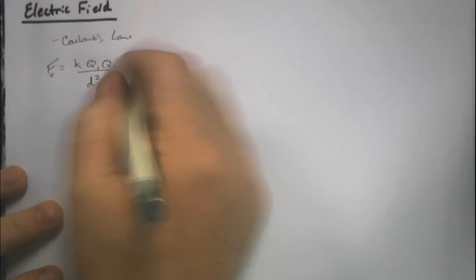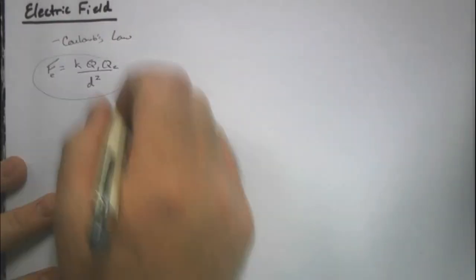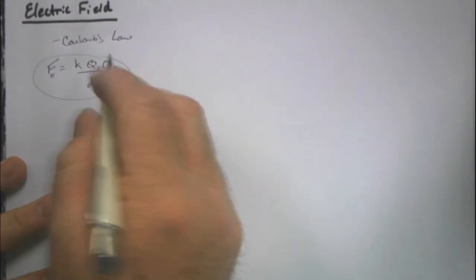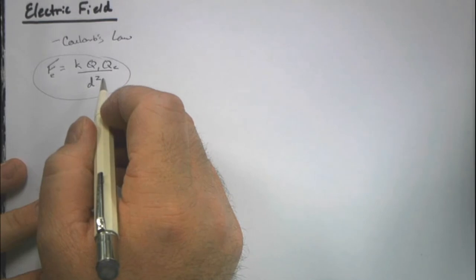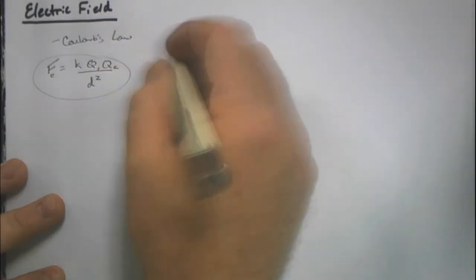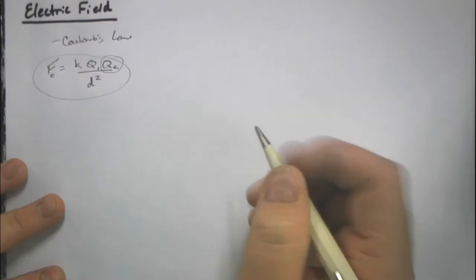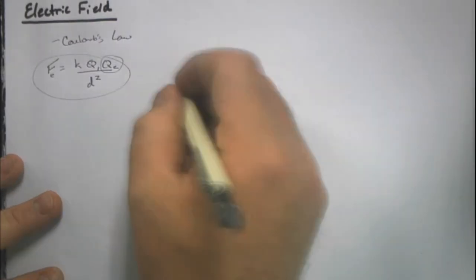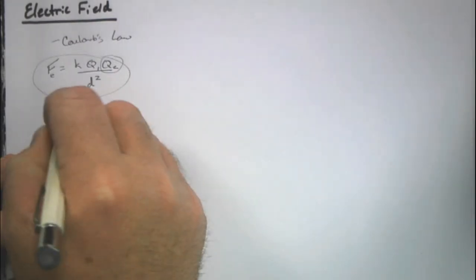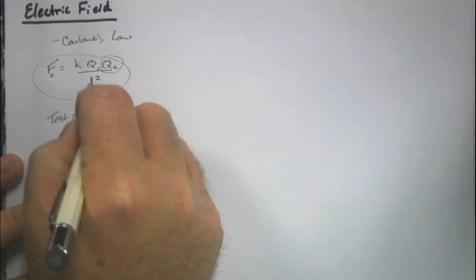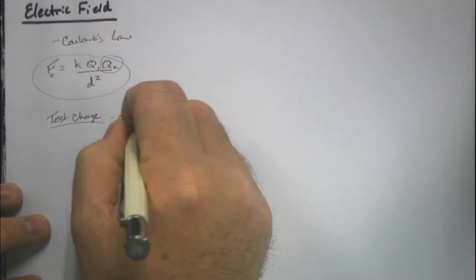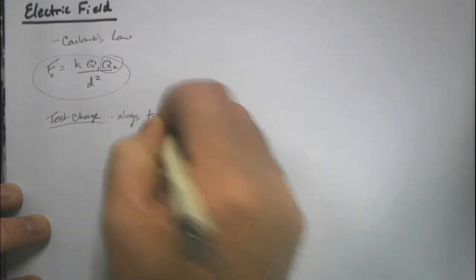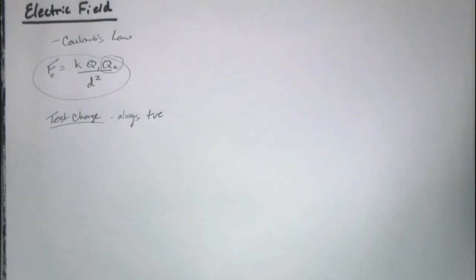So instead of using this as the force with the two objects, we can assume that we're going to have what's called a test charge. This test charge will always be positive. It's always positive, and it's always very small.